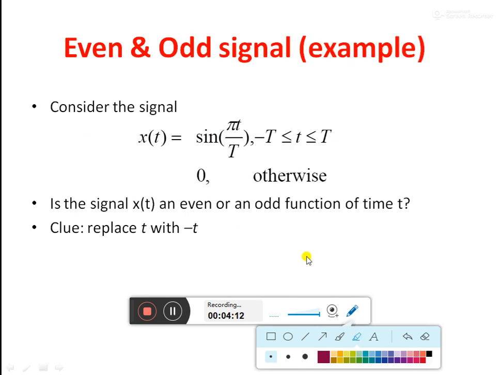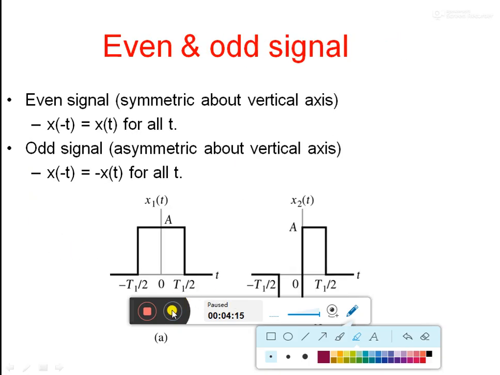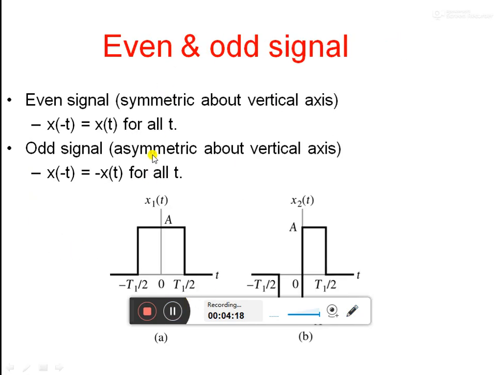In the even form, the signal x of t is symmetric about the vertical axis, which is represented as x of t equal to x of minus t. This indicates that the negative time axis and the positive time axis have the same part of the signal. That is called the symmetry property. So any signal which is symmetric with respect to the vertical axis is considered to be an even signal.